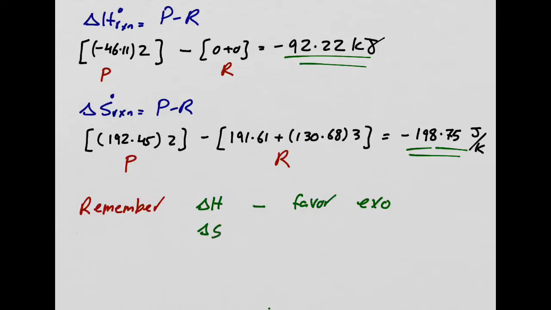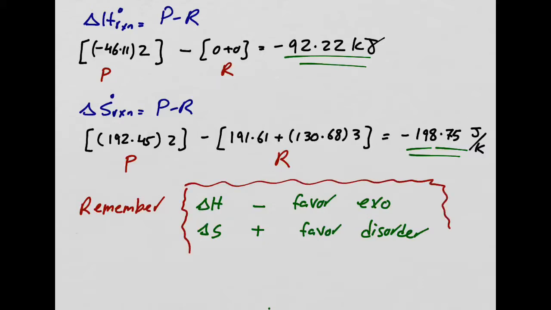If delta S is positive, that is also favored because this order is favored. And exothermic, when you release energy, is favored. So, these are my favored.